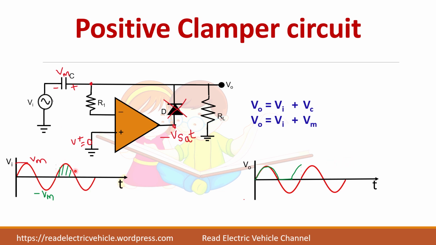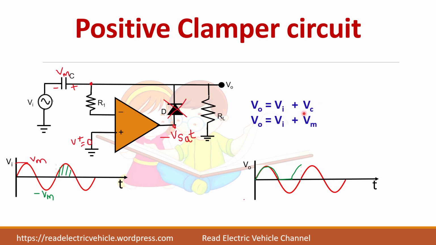So in the next positive half cycle, already the voltage is Vm here. Now Vi is increasing. This voltage is increasing. So again the output of the op-amp will be minus V sat. If it is minus V sat, again the diode will be in off condition.